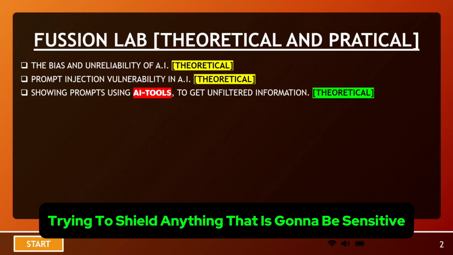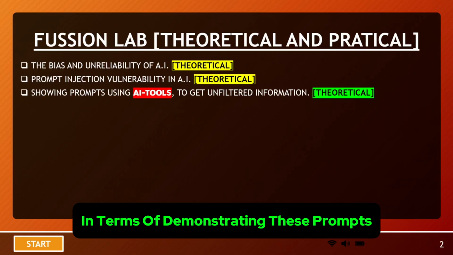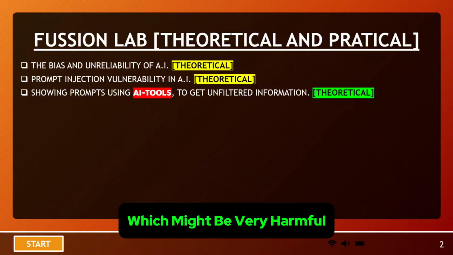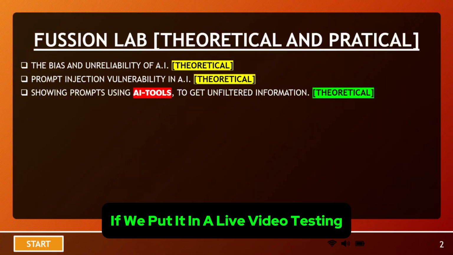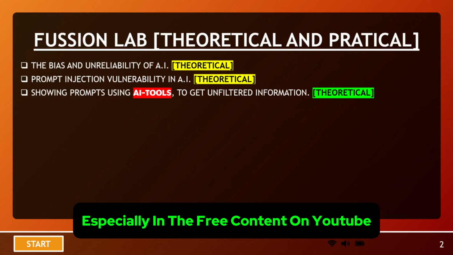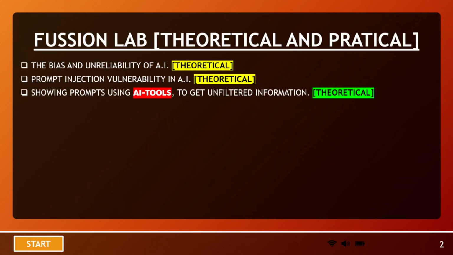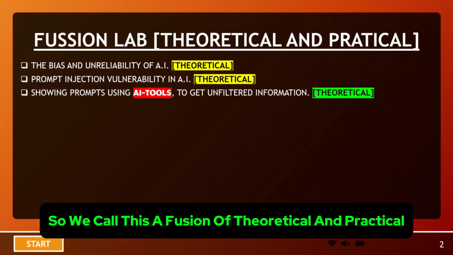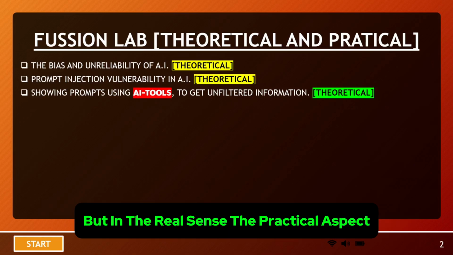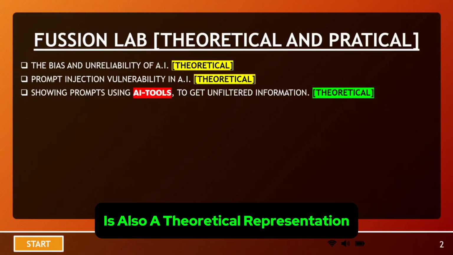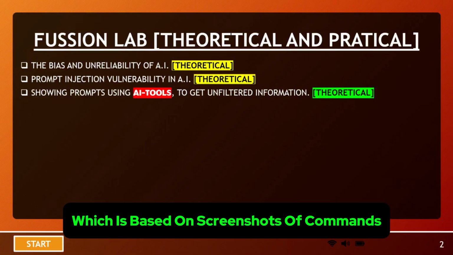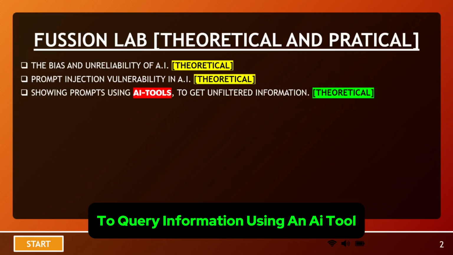And of course, we are trying to shield anything sensitive in demonstrating these prompts, which might be very harmful if we put it in a live video testing, especially in the free content on YouTube. So we call this a fusion of theoretical and practical, but in the real sense, the practical aspect is also a theoretical representation, which is based on screenshots of commands which we have injected to query information using an AI tool.